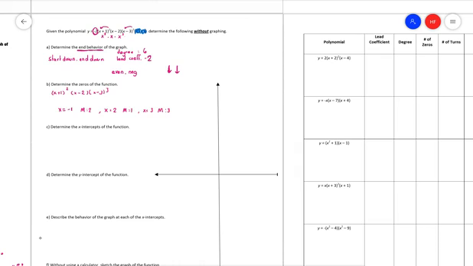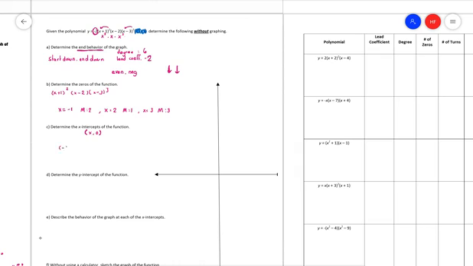So those multiplicities are going to come in handy when we start talking about the behavior of the graph at each of those zeros. So then we're determining the x-intercepts. X-intercepts we write as points. So x-intercept is x, comma, 0. And the x-intercepts are the same thing as zeros.